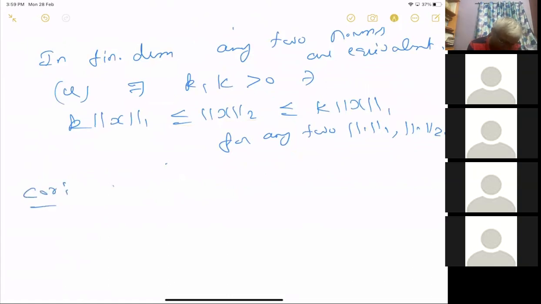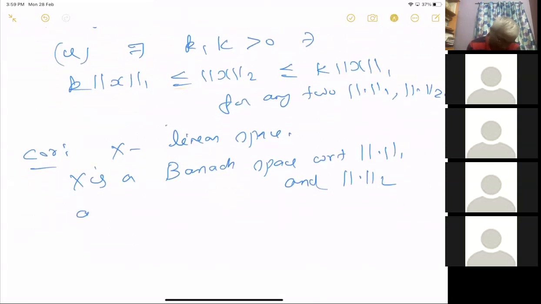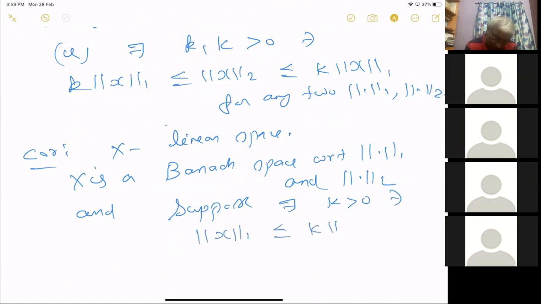So, if X is just a linear space, and X is a Banach space with respect to norm 1 and norm 2, so it is complete with respect to both norms, and suppose there exists a k greater than 0 such that norm x1 is less than or equal to k times norm x2.